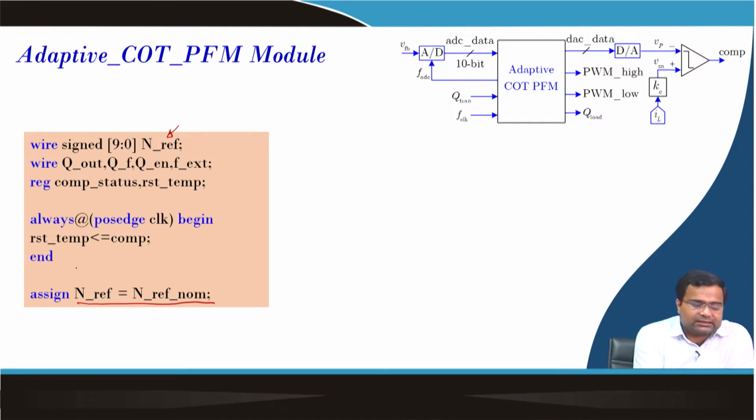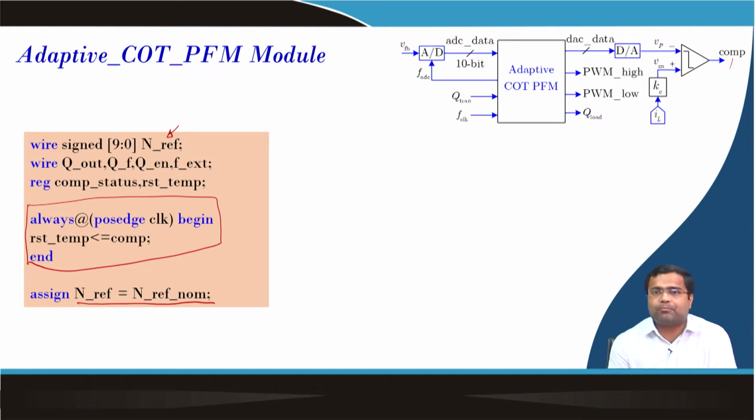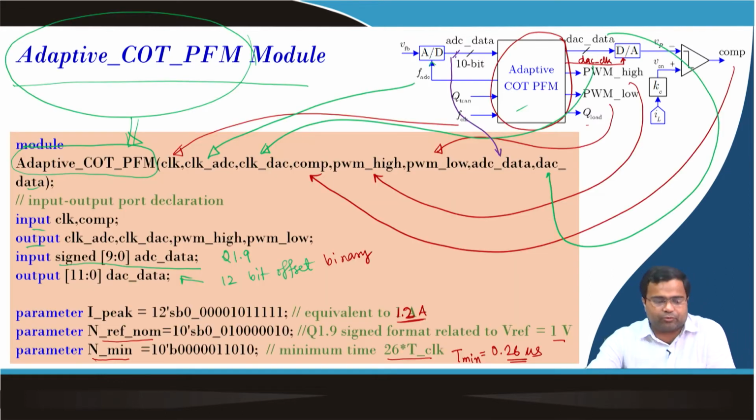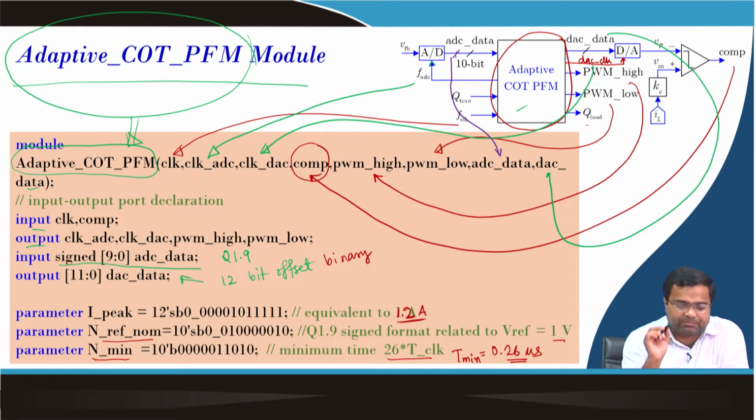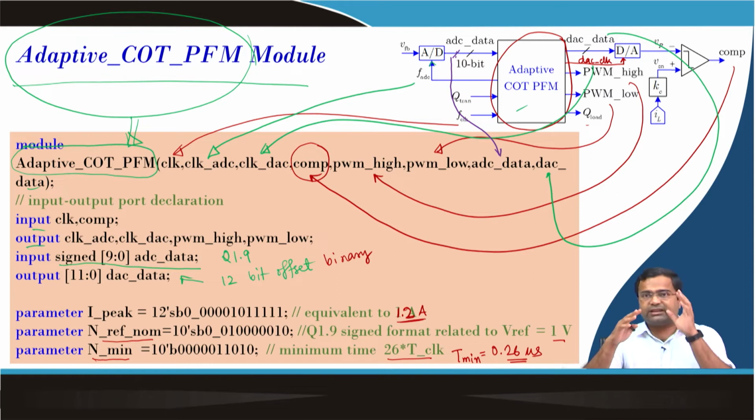Okay. This is one which is your reset comparator. That means, you see that at the clock edge, yeah. So, this is another issue because we face some difficulty here. If we take the comparator output directly, if you go to the main module, this comparator output was used in multiple places inside this block. So, it was getting loaded.